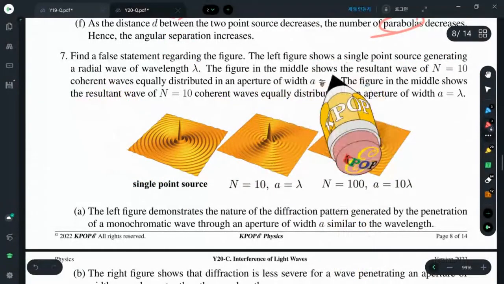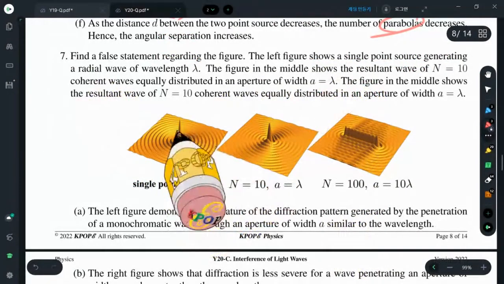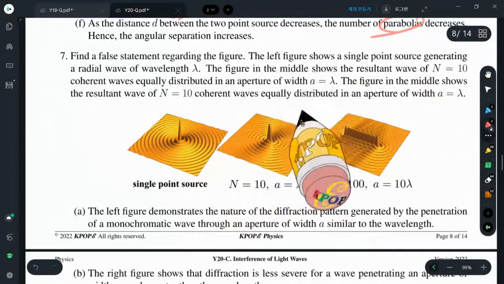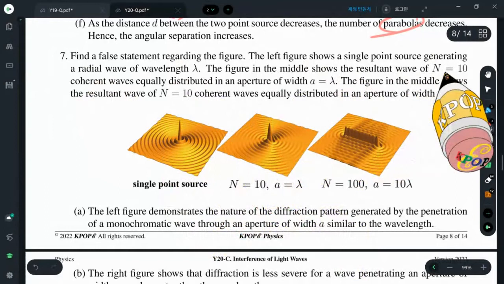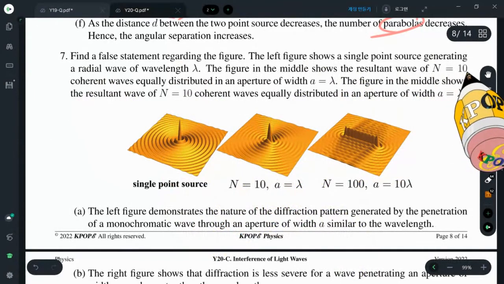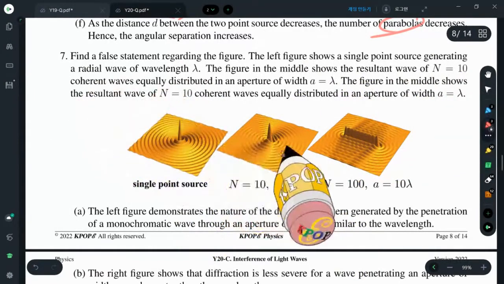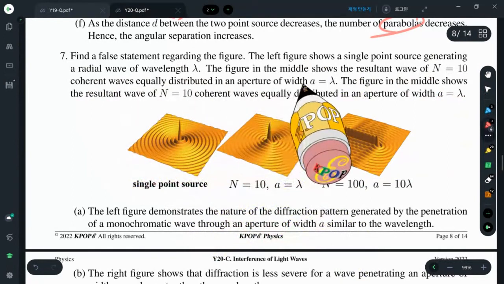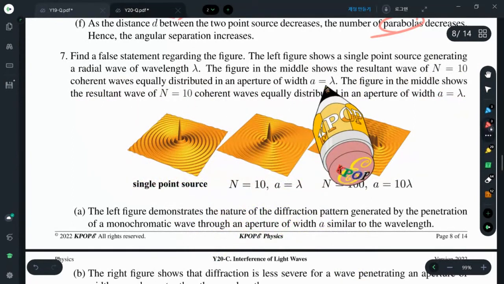The left figure shows a single point. The figure in the middle shows the resultant wave of n equals 10 coherent waves, equally distributed in an aperture with A equals lambda.